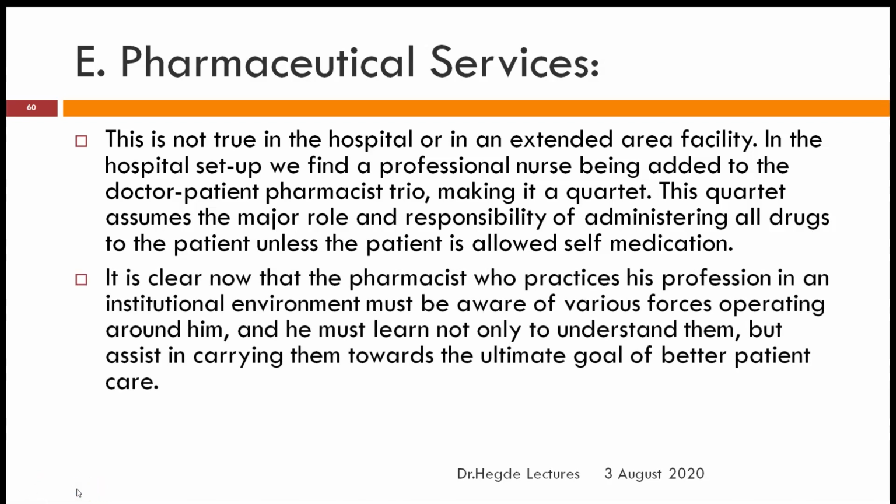It is clear now that the pharmacist who practices his profession in an institutional environment must be aware of various forces operating around him, and he must learn not only to understand them, but assist in carrying them towards the ultimate goal of better patient care.